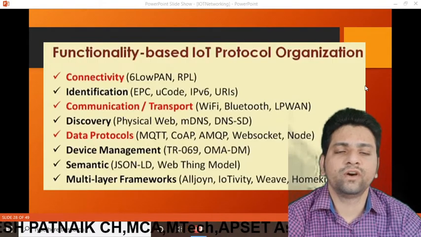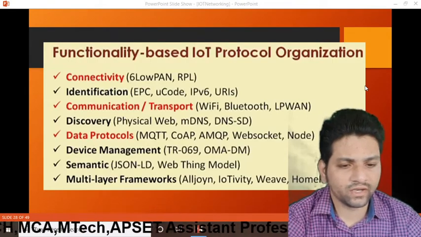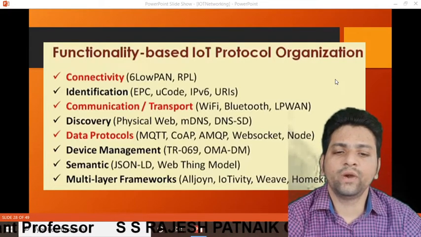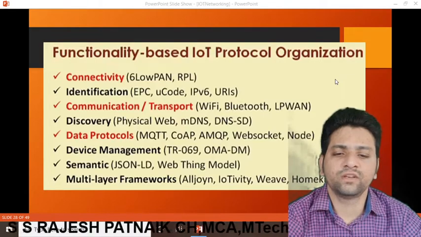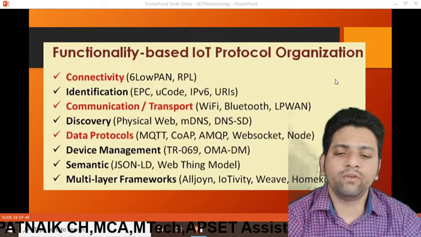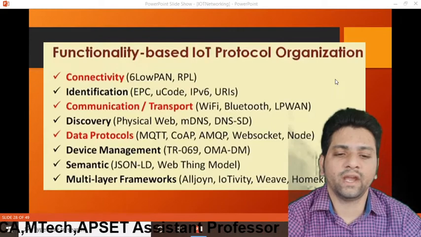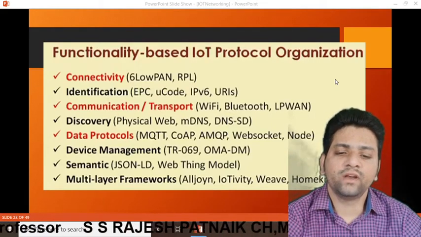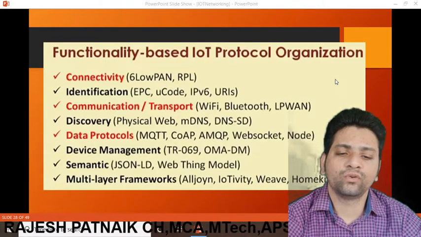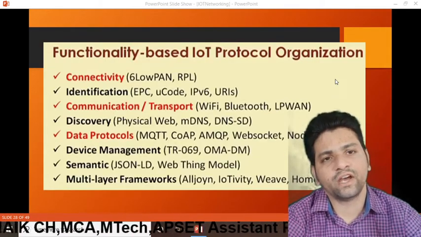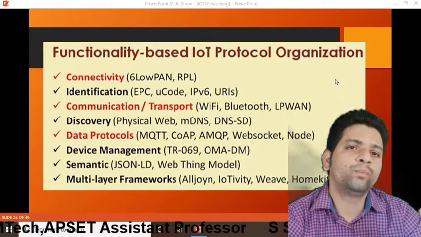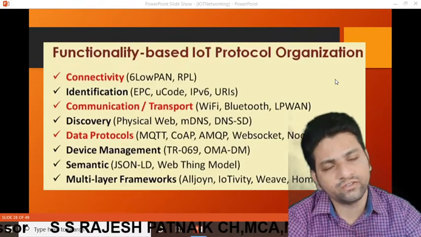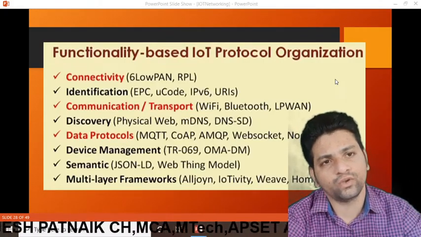I have written something here that was not in the slide. 6LoWPAN provides the upper layer system for use with low power wireless communication for IoT and M2M, originally intended for 802.15.4, the general standard for the IoT. So 6LoWPAN is used to consume very little power in IoT devices. It is one of the connectivity protocols we are using nowadays.